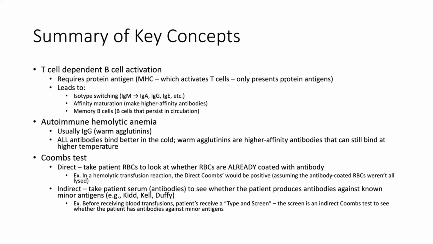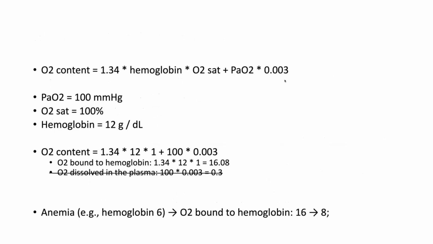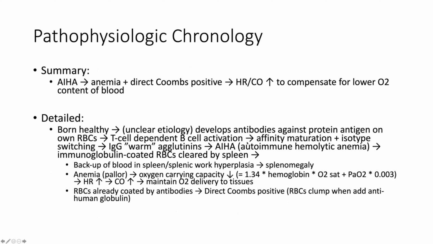Can I just ask you one question about when there is autoantibody production and the antibodies already bind to the RBC, what is happening with T cell signaling at this point? I don't know that there is much happening with T cell signaling at this point. Because in your pathophysiological chronology, you have it develops antibodies against protein antigen on their own RBC, and then T cell dependent T cell activation, affinity maturation, and IgG.